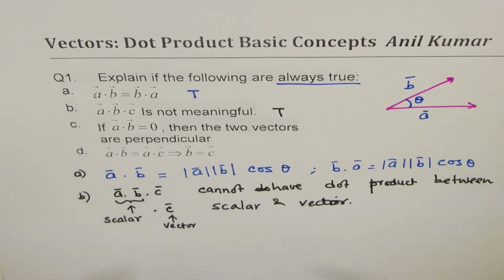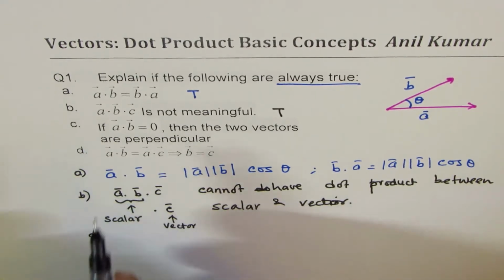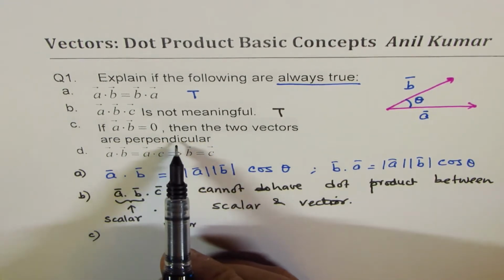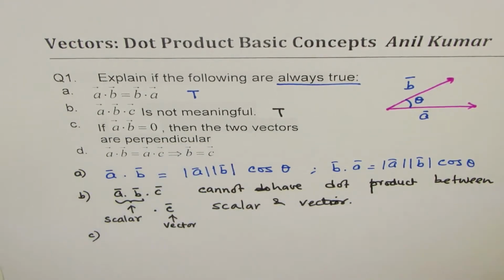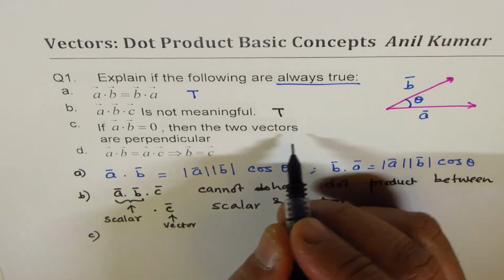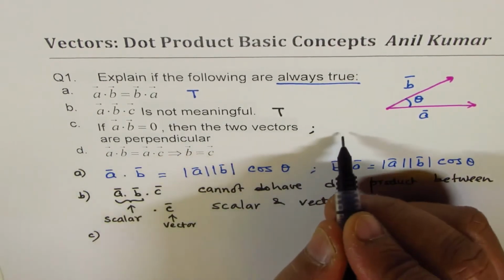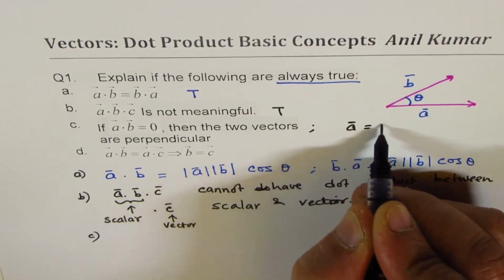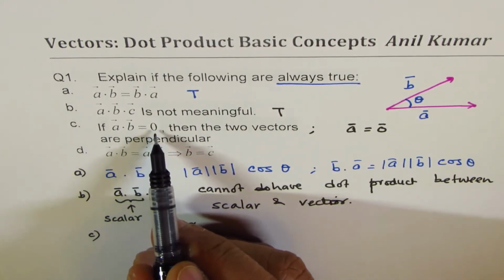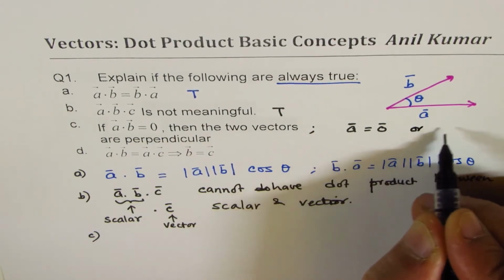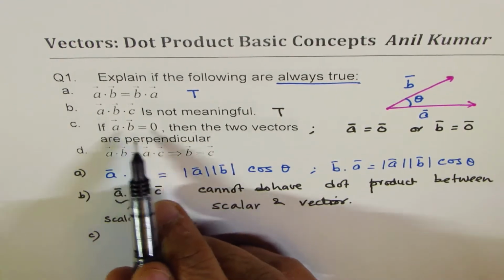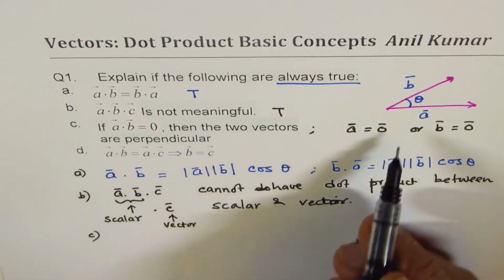Okay. Now let's look into part C. Part C is: if A dot B equals 0, then the two vectors are perpendicular. How about this? Is it always true? Well, there is a condition. How about if vector A is the 0 vector? In that case, A dot B will be 0, right? Or if B is a 0 vector, in that case also the dot product will be 0, and they are not perpendicular.